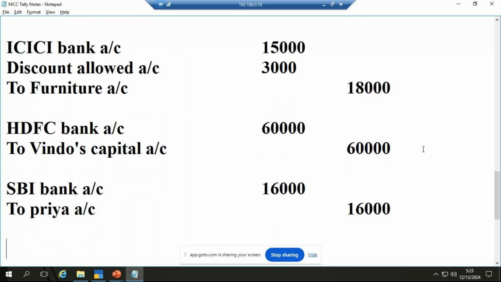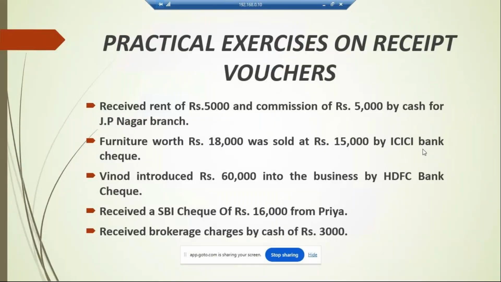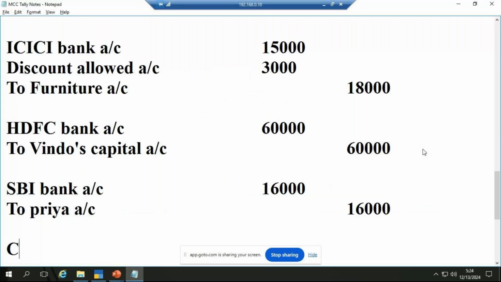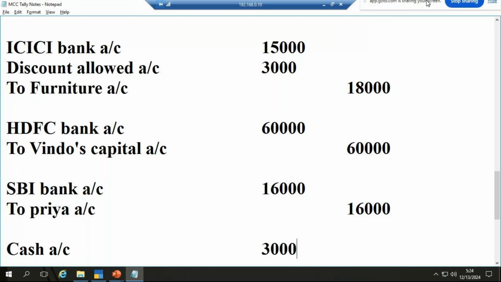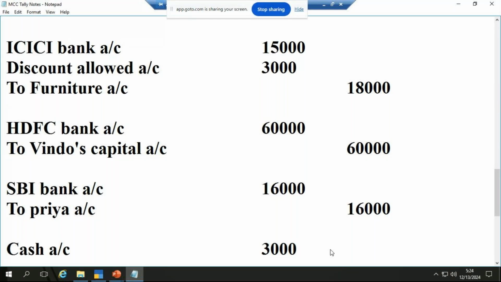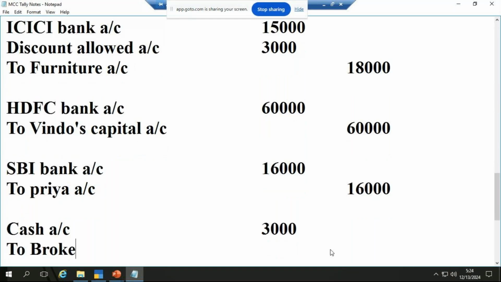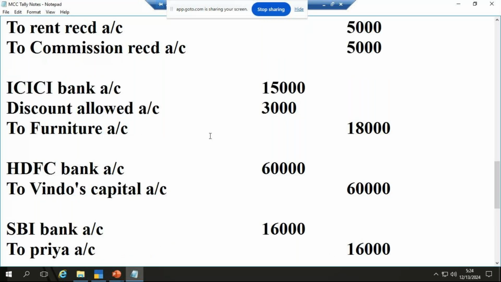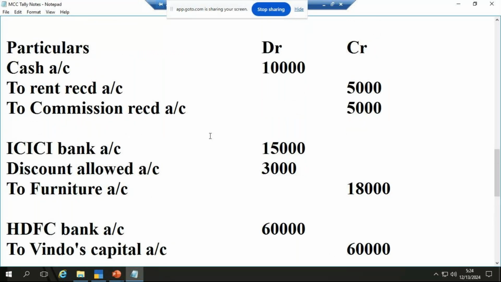Next, received a brokerage charge by cash of rupees 3,000. So you can take cash account debit worth rupees 3,000 to brokerage received worth rupees 3,000. Do you have any query regarding any of the journal entries?